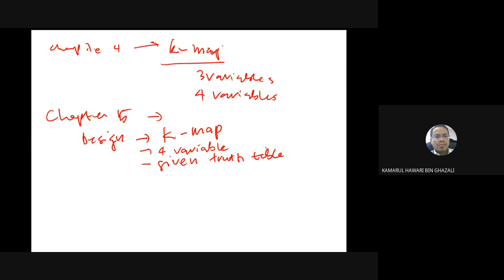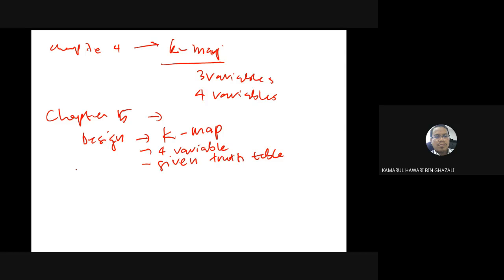Some of you don't understand the question because sometimes the statement is confusing: 2 input, 3 input, whenever 1 input is low, whenever high, or something like that. If you wrongly interpret the statement, then your truth table is wrong. But for this chapter 5 question, you don't have to worry because the truth table is given, but you need to understand it.